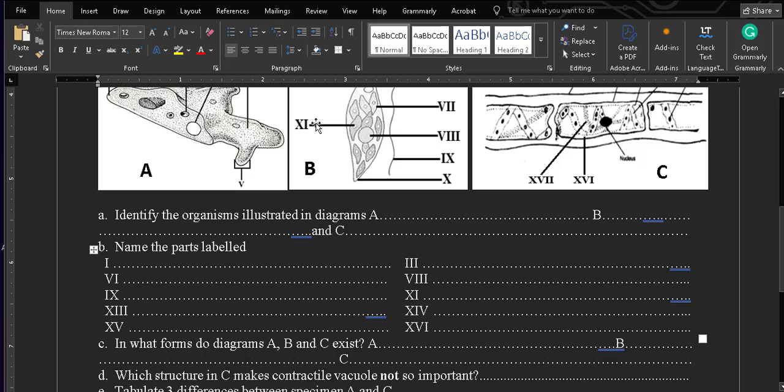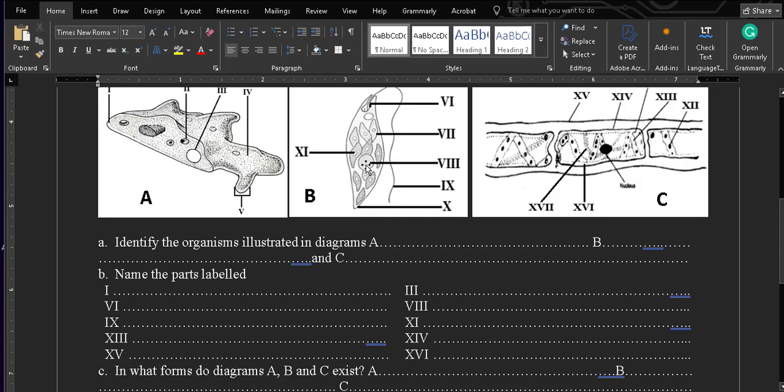Two, economic importance of B. So B is Euglena. So we are looking at Euglena having chlorophyll or chloroplast, and therefore can make food. So it serves as food for other organisms. And if you think about plants, they also have that ability to photosynthesize. What else do they do? They release oxygen into the atmosphere for other animals to use, including plants themselves.